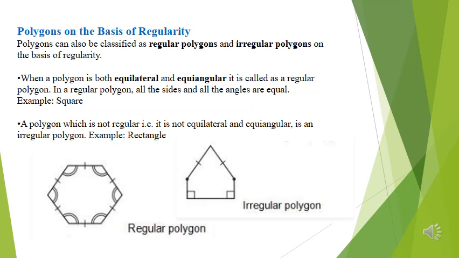Similarly, on the basis of regularity, we classify polygons as regular and irregular. If a polygon has all sides equal and all angles of equal measure, it is called a regular polygon, and any polygon which is not equilateral and equiangular is called an irregular polygon.